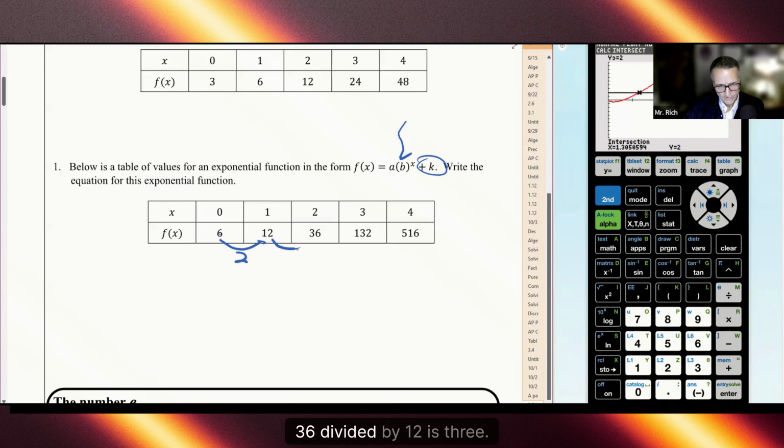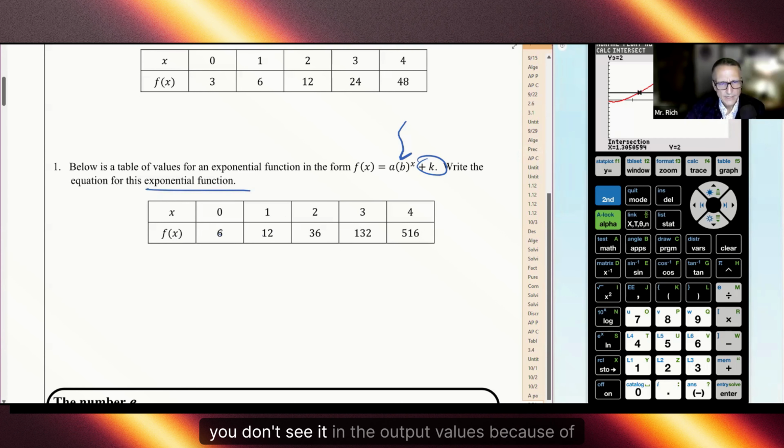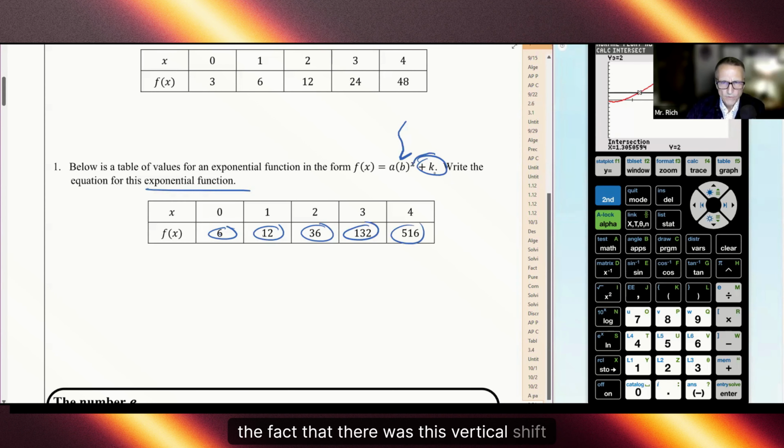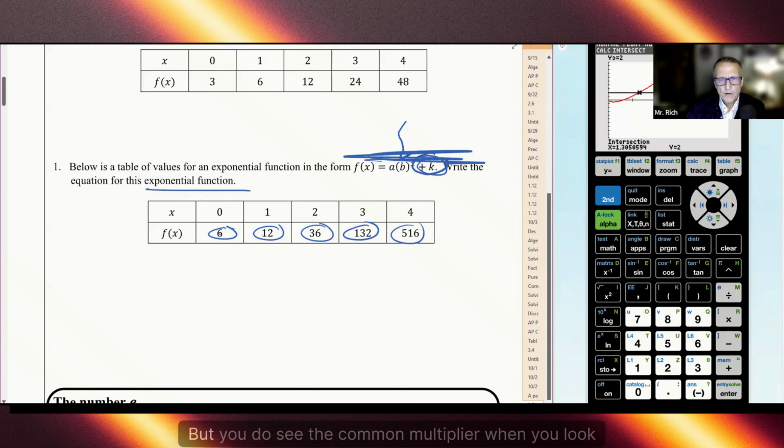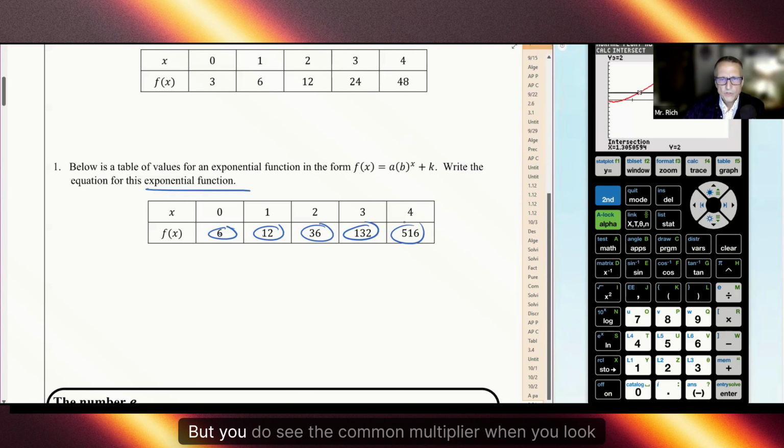But wait a minute, 36 divided by 12 is 3. There's a multiplier of 3, which might lead you to believe, wait a minute, what's the common multiplier here for this exponential? What is my base? Well, you don't see it in the output values because of the fact that there was this vertical shift involved. But you do see the common multiplier when you look at the first level differences. We've got to look at the first differences.